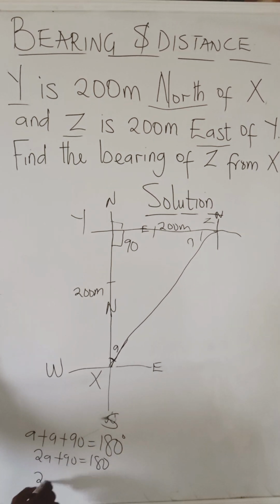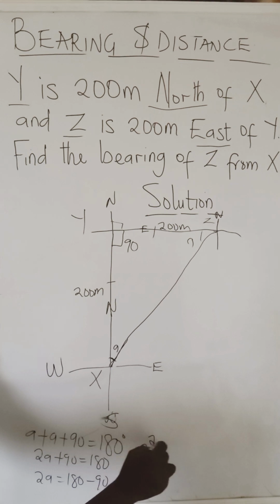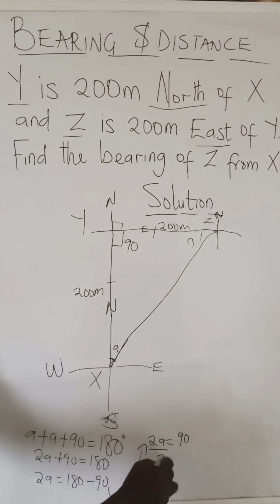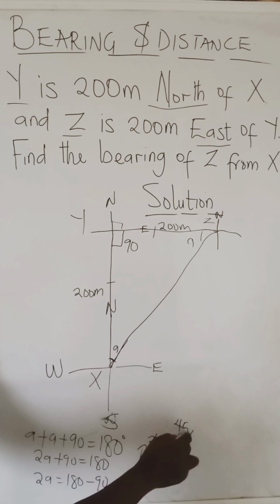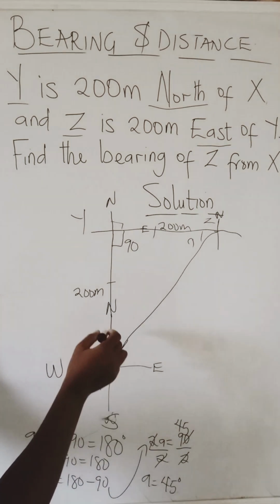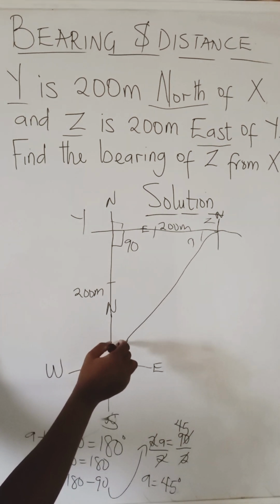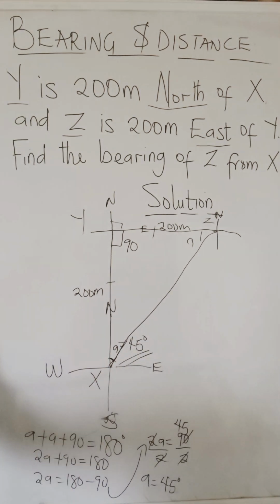Collecting like terms, 2A equals 180 minus 90, so 2A equals 90. Let us divide both sides by 2 to eliminate the coefficient of A, giving 45. So A equals 45 degrees, and that's the bearing of Z from X, 45 degrees. That's our answer.